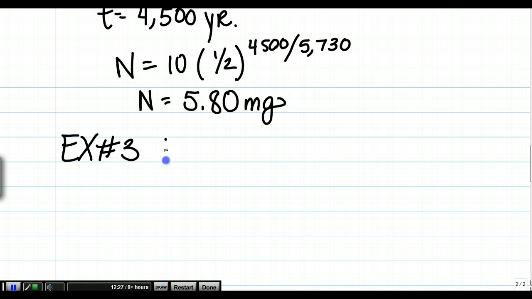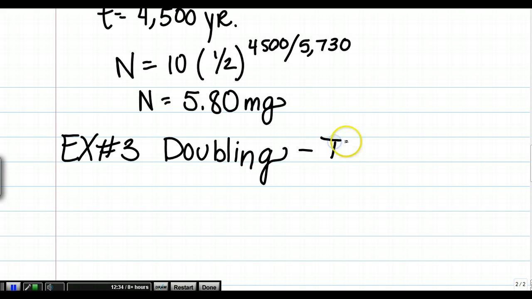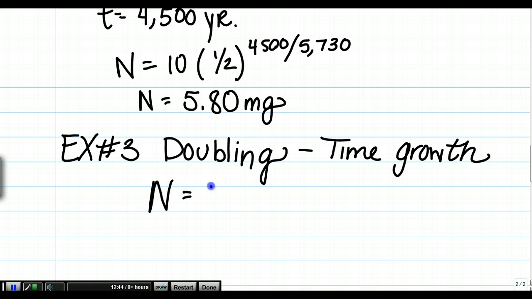For your doubling formula, or you can call it time growth, you have the formula N equals N naught times 2 to the T over D. N is going to be your final answer, like how much you want to get, your amount at the end.